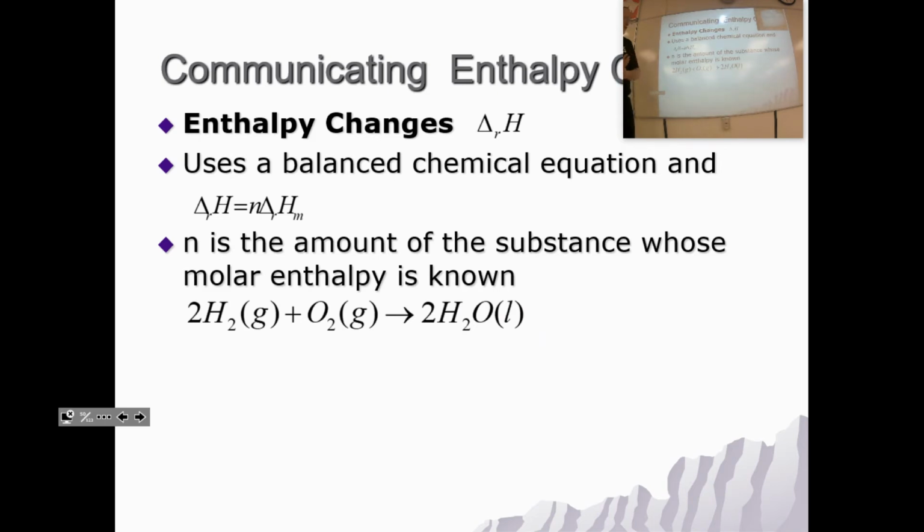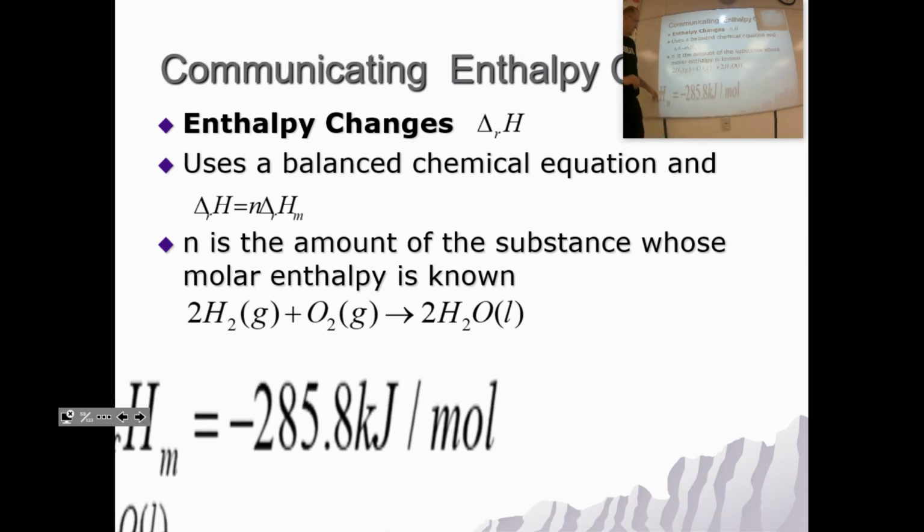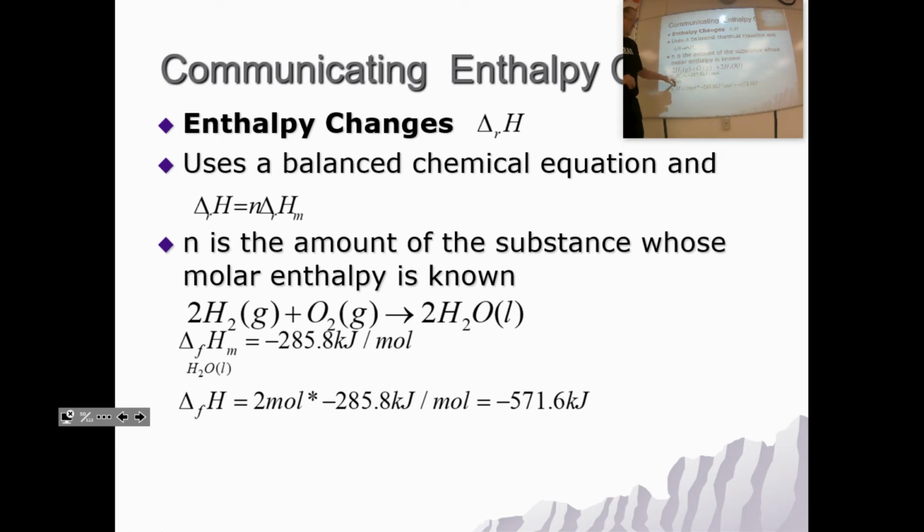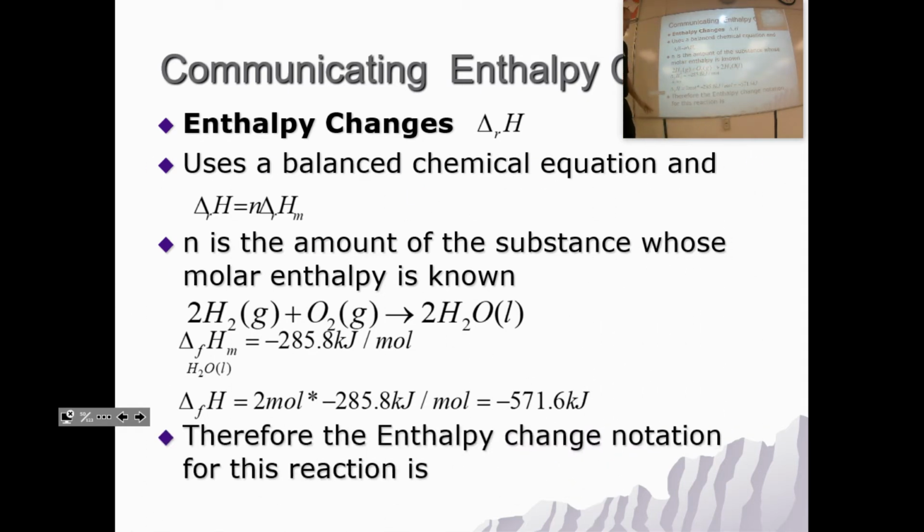Okay, so here is water. There's a chemical reaction. We've balanced it 2, 1, 2. The molar enthalpy of this is 285 kilojoules per mole negative. So with this balancing here, the delta RH notation would be that.